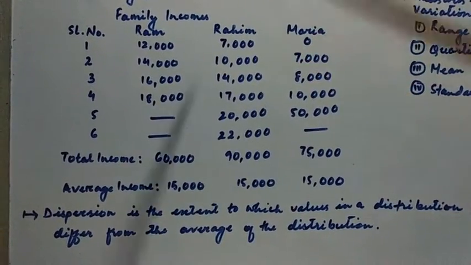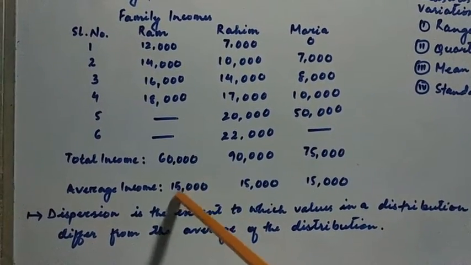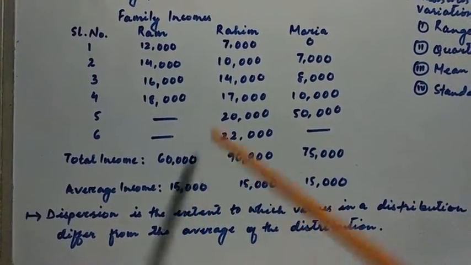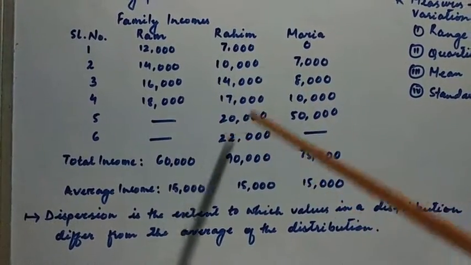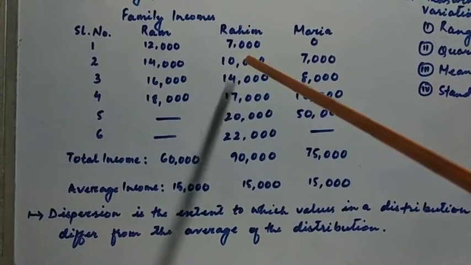How much is left out when you calculate average income, compared with the values given in this distribution?